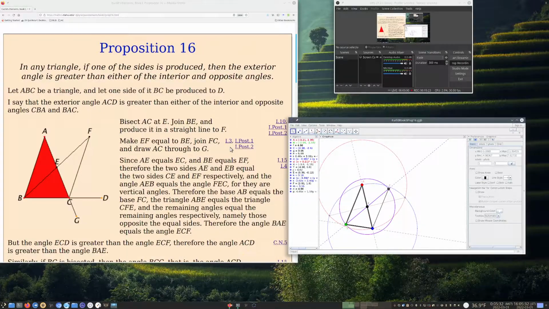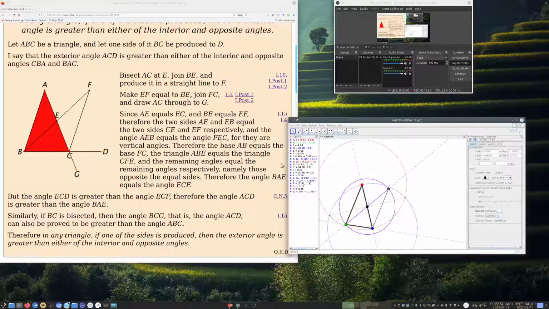Okay, since AE equals EC, correct, and BE equals BF, therefore the two sides AE and EB equal the two sides. So he's going to show, right, and because the vertical angles are congruent.